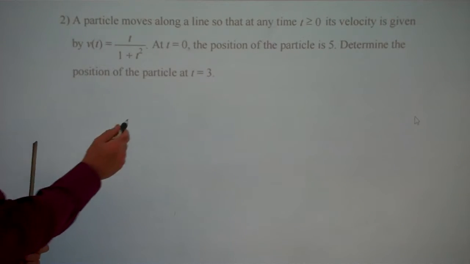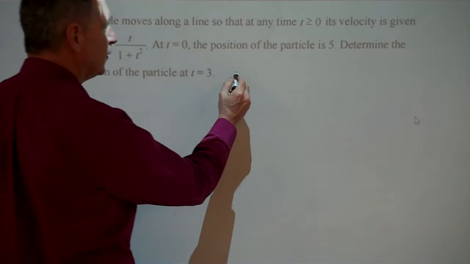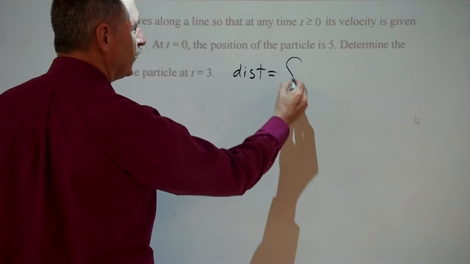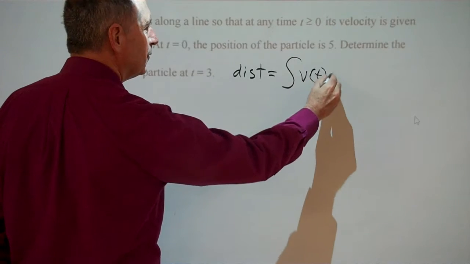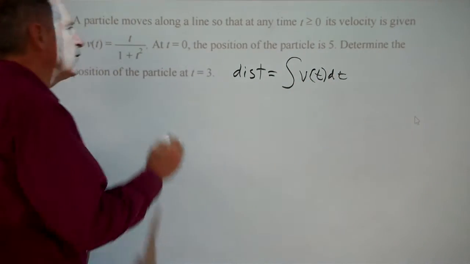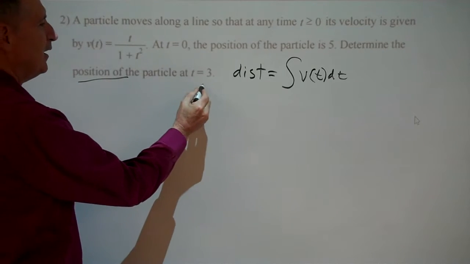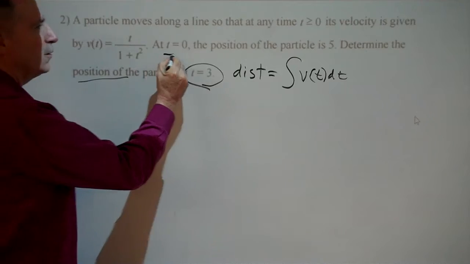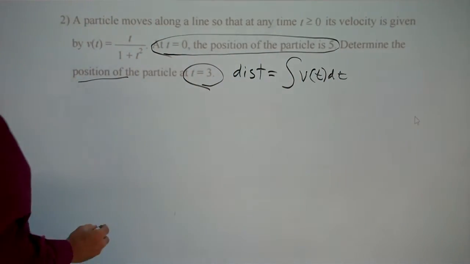And so what you essentially have is distance covered. So distance equals the integral of the velocity dt. And so we're going to try to find the position at t equals 3. And we're given a starting point. We see at t equals 0, the position is 5.